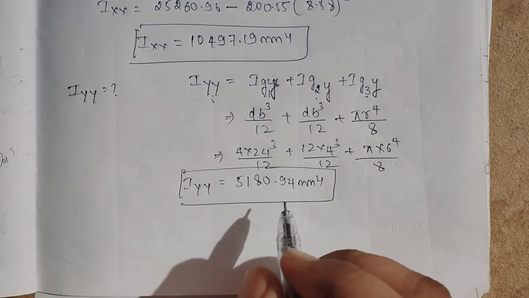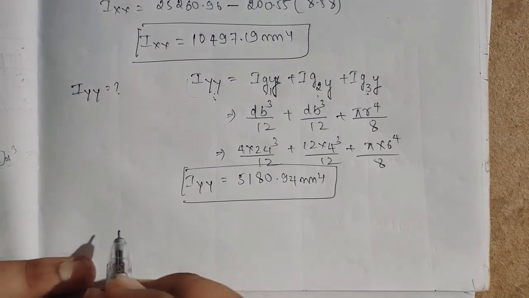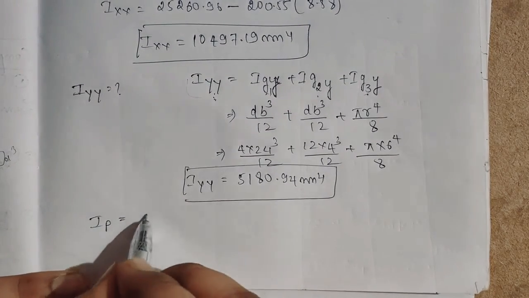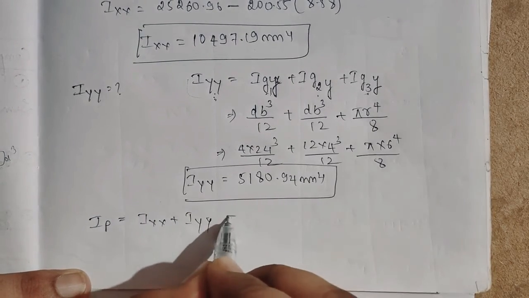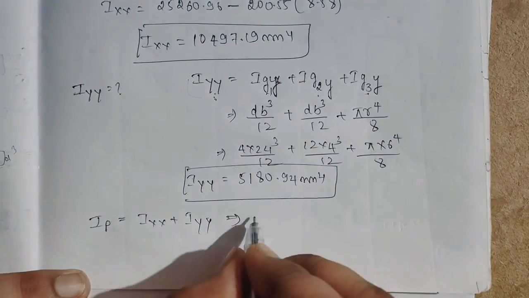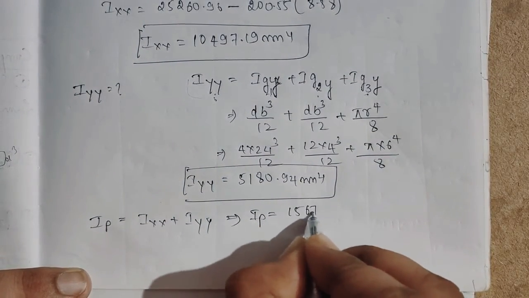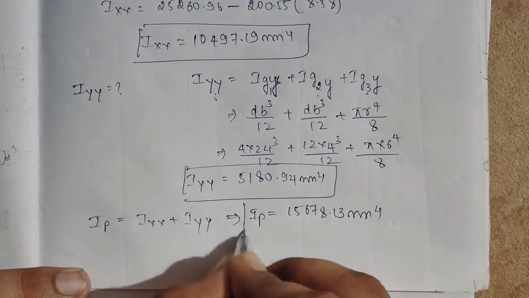So what I need to find? I need to find Kp. So to find Kp, I need the Ip. So Ip is equal to what? Ixx plus Iyy. So when I add both, I'll get Ip value as 1567813 mm to the power of 4.